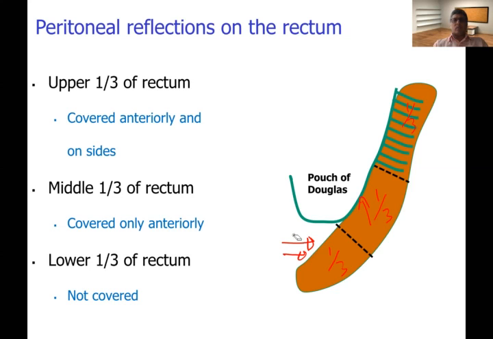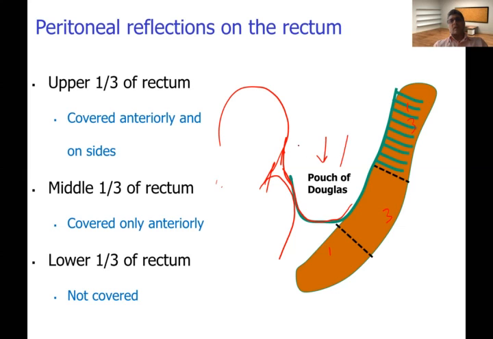And you can also see that now if this is a female, you get the posterior fornix of the vagina here, then the cervix and the uterus here. So the peritoneal reflection from the rectum onto the posterior fornix of the vagina and the body of the uterus forms a pouch in this area, which is called rectouterine pouch, because the rectum is at the back and uterus is in front.